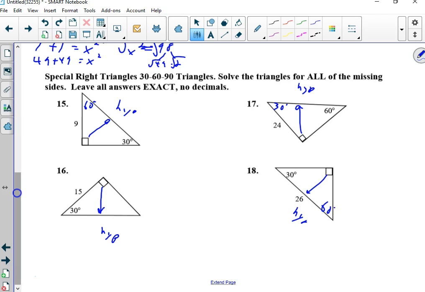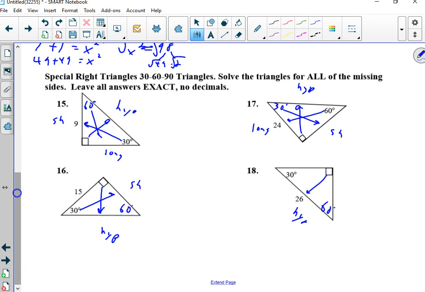My next step in labeling, and the last step, is 30, that's the short side. 60, that's the long side. And I would do this. I mean, it doesn't take that long, and it helps keep you from making mistakes.